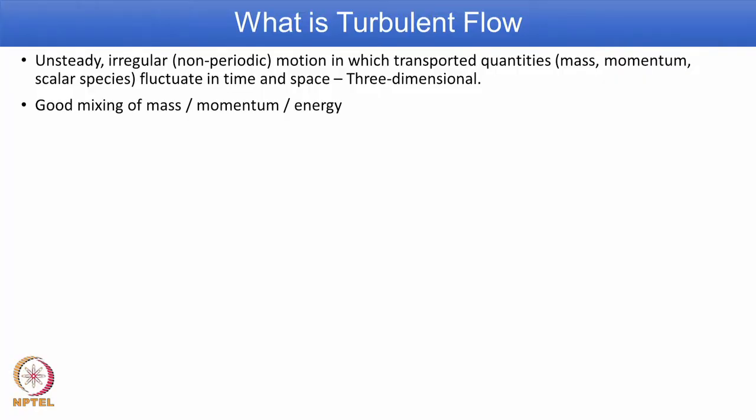Because of this, there is very good mixing of mass, momentum as well as energy. For example, you take coffee and add sugar, and to get fast mixing you stir it with a spoon or stirrer, then the sugar gets mixed quickly, and this is an example of turbulent flow mixing.